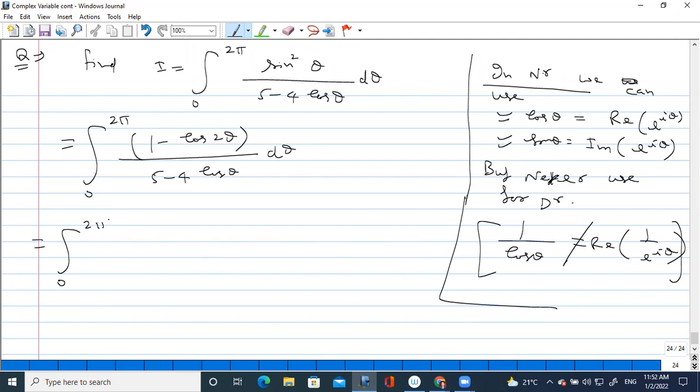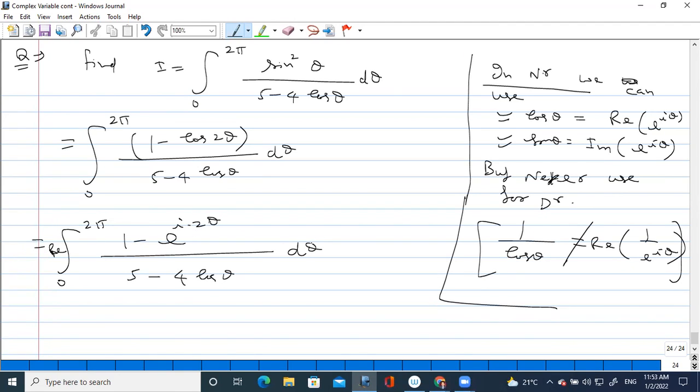It will be 0 to 2 pi, real part of, in place of cos theta I will use e to the power, so it will become 1 minus e to the power i 2 theta divided by 5 minus 4 cos theta d theta. So this is how we can convert into easy form.